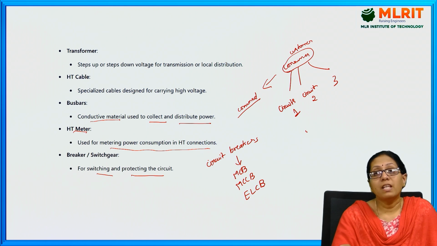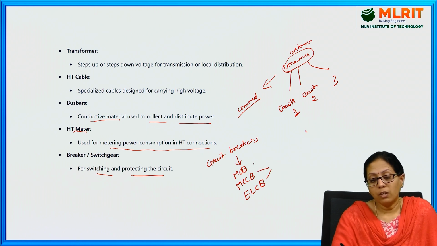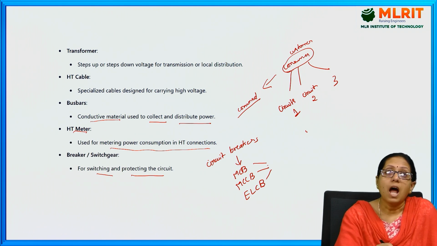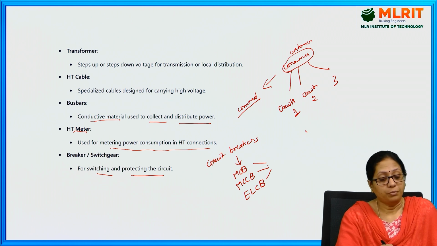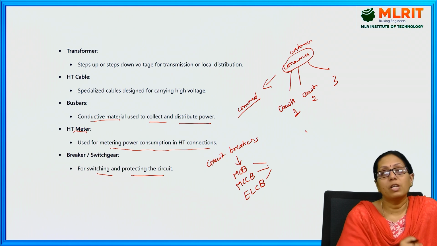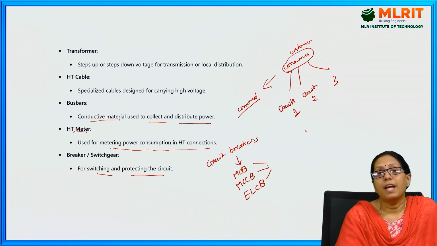Based on the type and the application, different types of circuit breakers can be used, and these circuit breakers, which are also called switchgears, are connected for protecting the circuit. So, these are the different components used in the HT system.